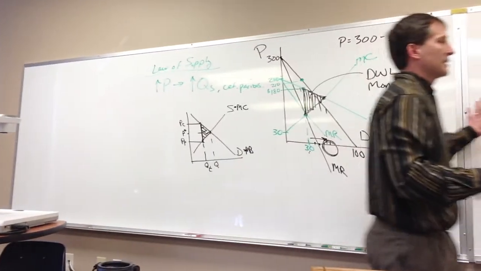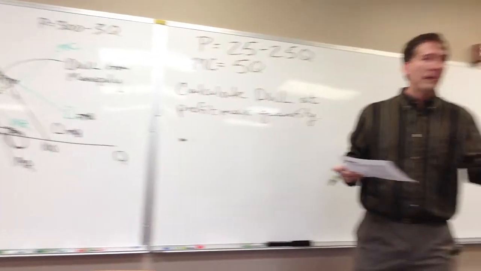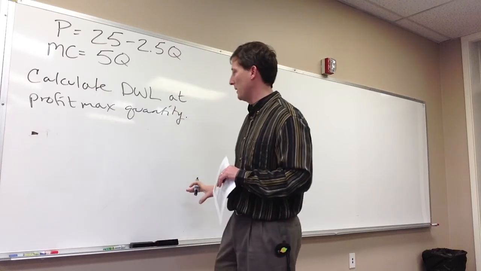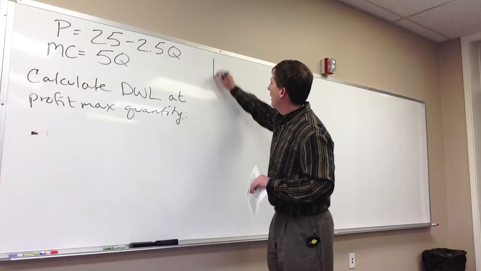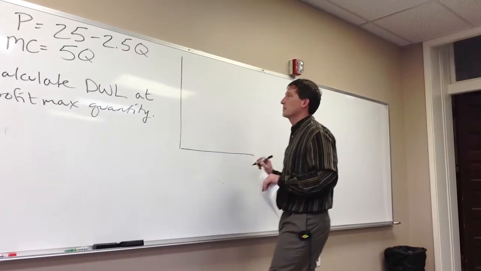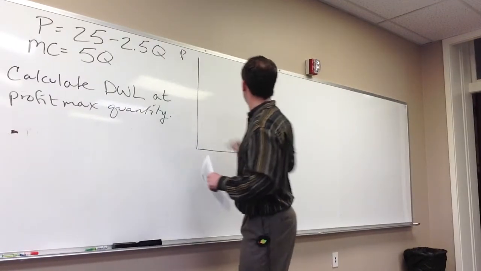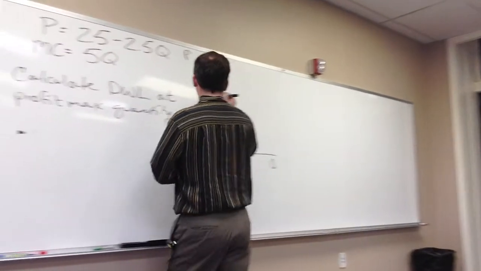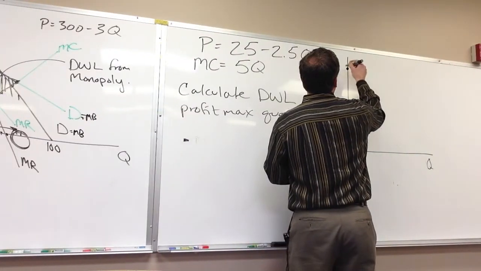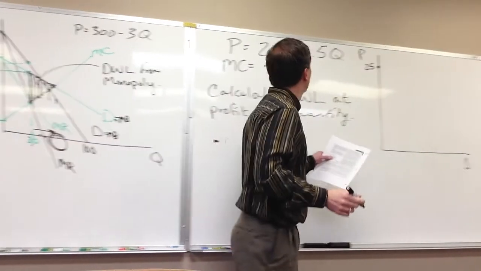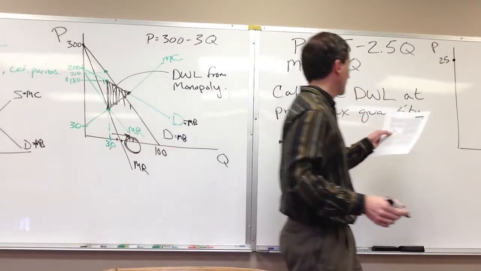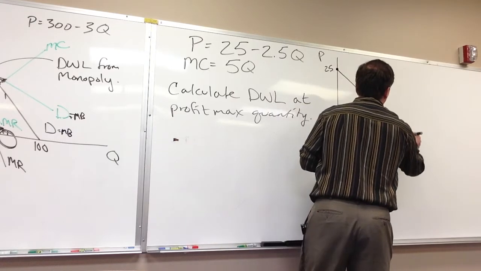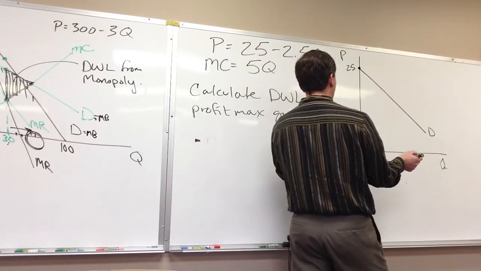Now let's apply it to this problem. So thumb back to your picture and probably redraw what we did last time on this Babe's Bats. So we have a vertical intercept at 25, a slope of negative 2.5. We don't have to draw it perfectly to scale.